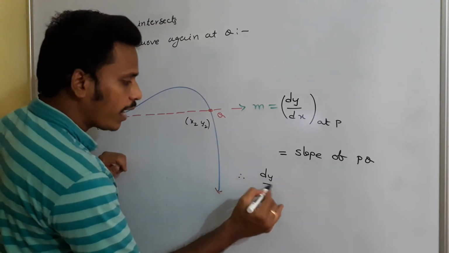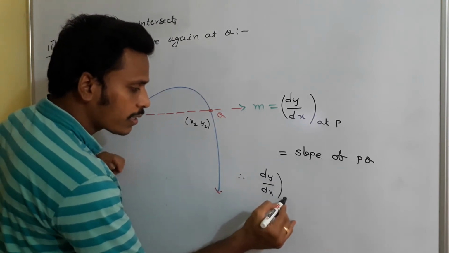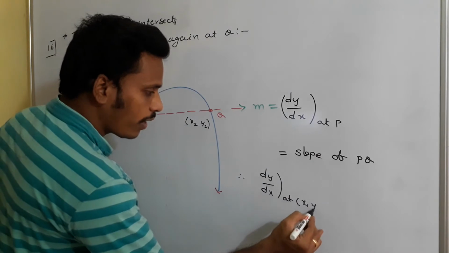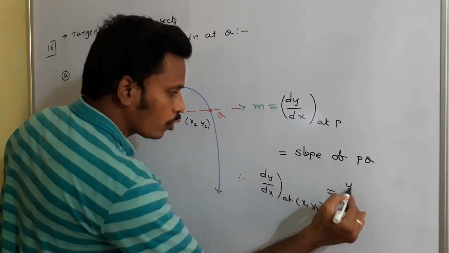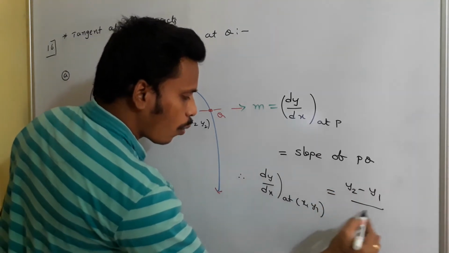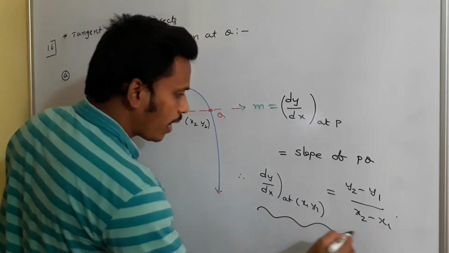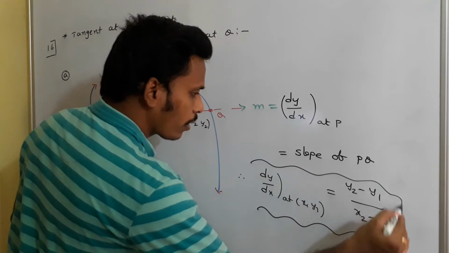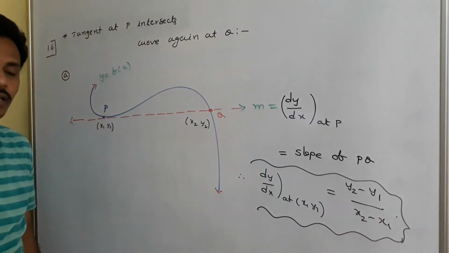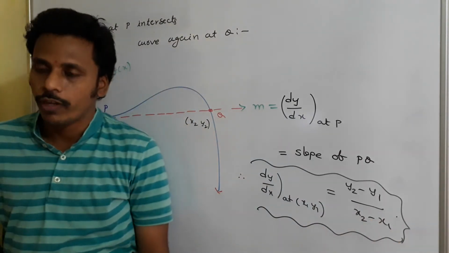Therefore dy by dx at x1 y1 is equals to the slope of PQ, that is y2 minus y1 divided by x2 minus x1. We have this particular logic. If a tangent at a point intersects the curve again, based on that we will solve different problems.